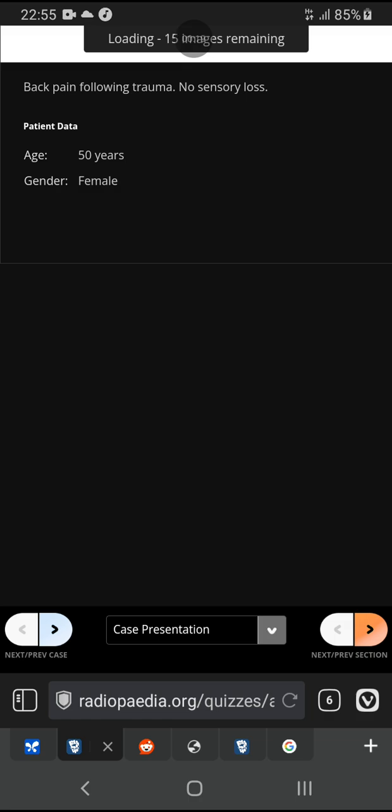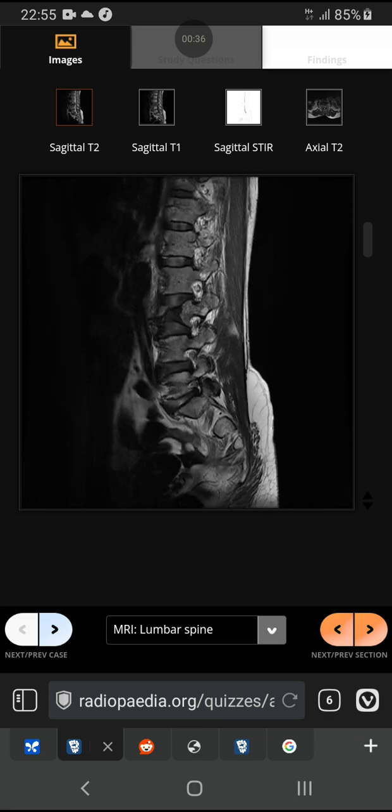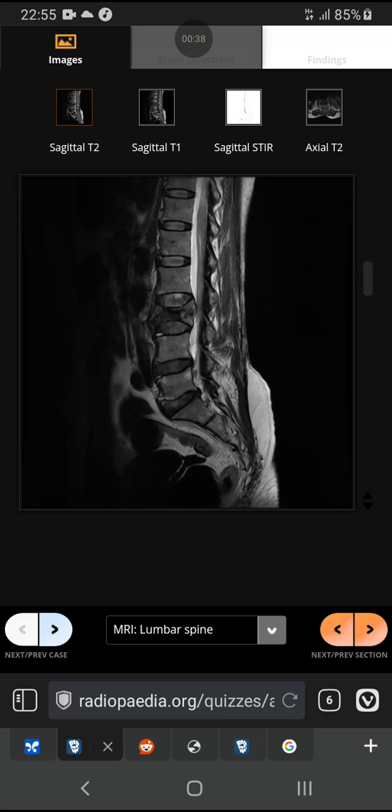We have a 50-year-old female with back pain following trauma without any sensory loss. Okay, let's start. So we have a sagittal T2 image. Let's look at what we have here.